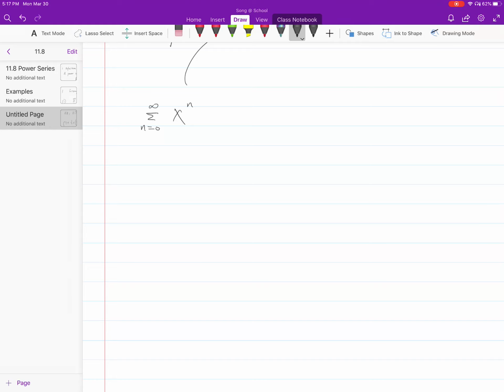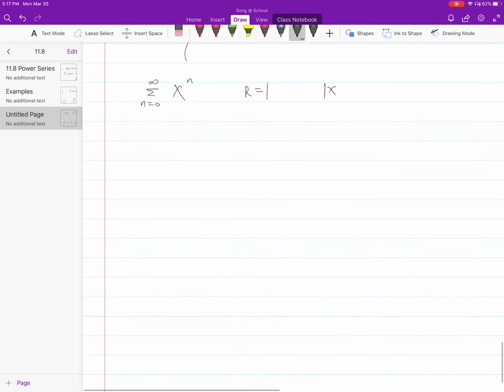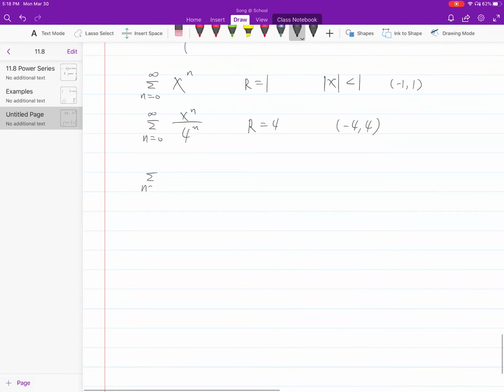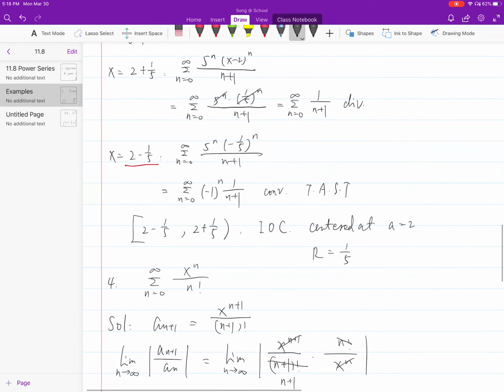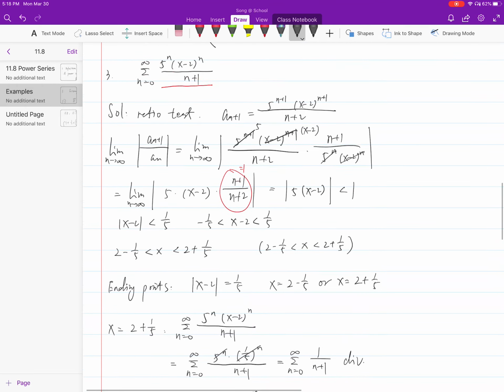For this one, the radius of convergence is 1. Remember it's absolute value of x less than 1. The center is 0, and the radius is 1. For this one, r equals 4 because our answer is negative 4 to 4, if you remember. For this one, let me make sure I'm doing the right thing.